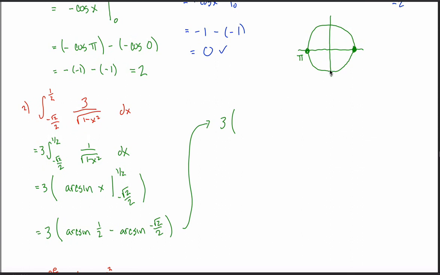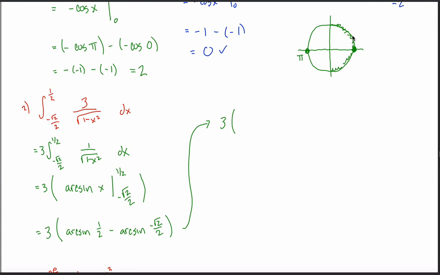Arcsine is a function that's defined from negative pi over 2 to positive pi over 2. It's defined in this region over here. And what it's asking you is what angle leaves you at having a sine of these values. Well, sine on your unit circle is always the y-coordinate. So this is just asking me what angle in between negative pi over 2 and positive pi over 2 will give me a y value on my unit circle of positive 1/2.